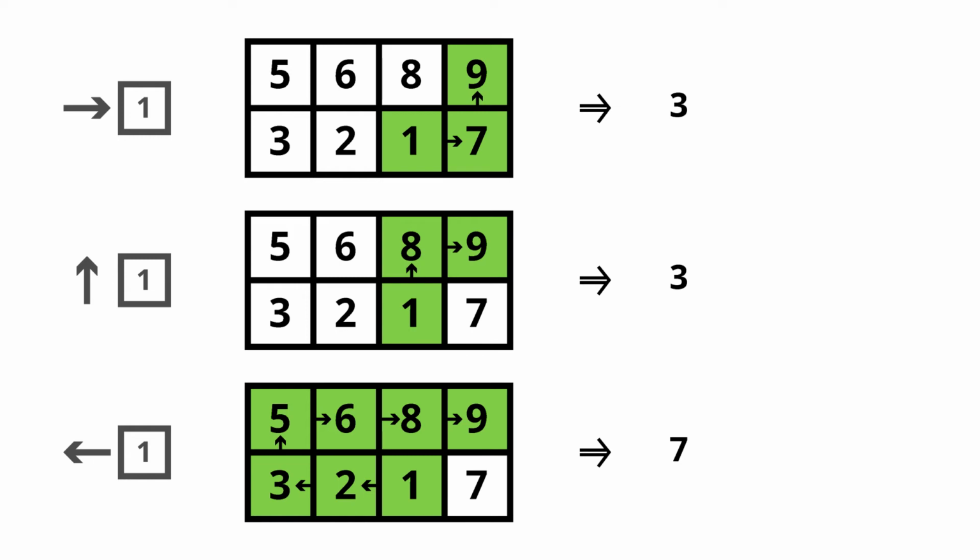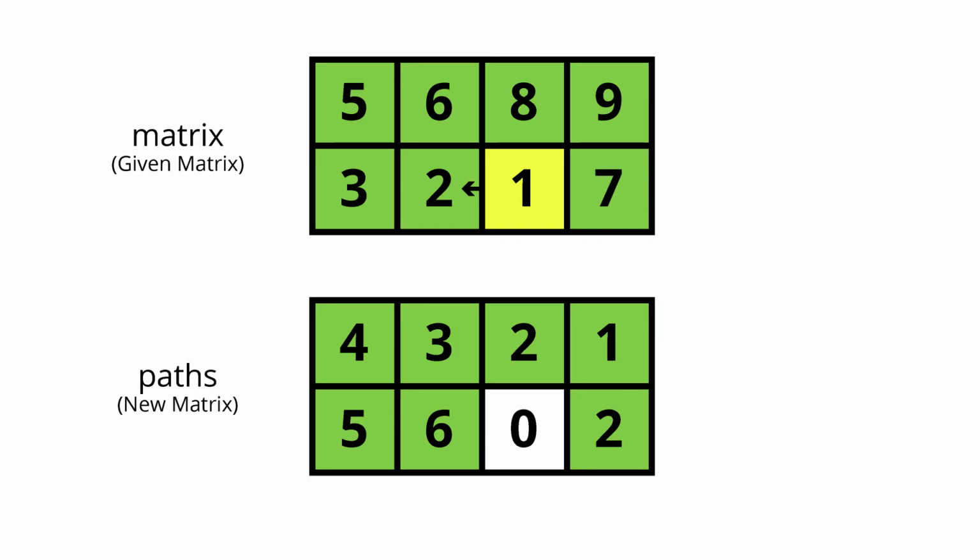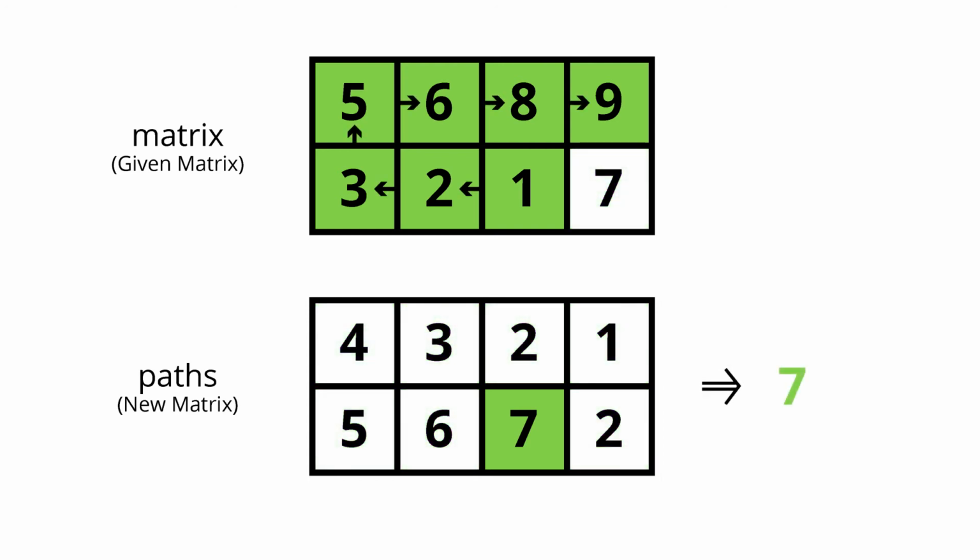Among these three, the longest path is 7. So since we are looking for the longest path, we will choose this one. And by the end of the iterations, we will have the longest path from each cell of the matrix, and we will choose the maximum among them and return it.